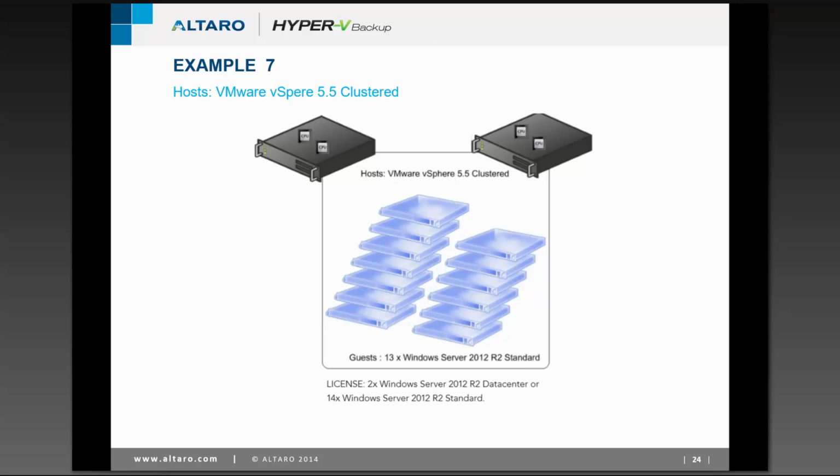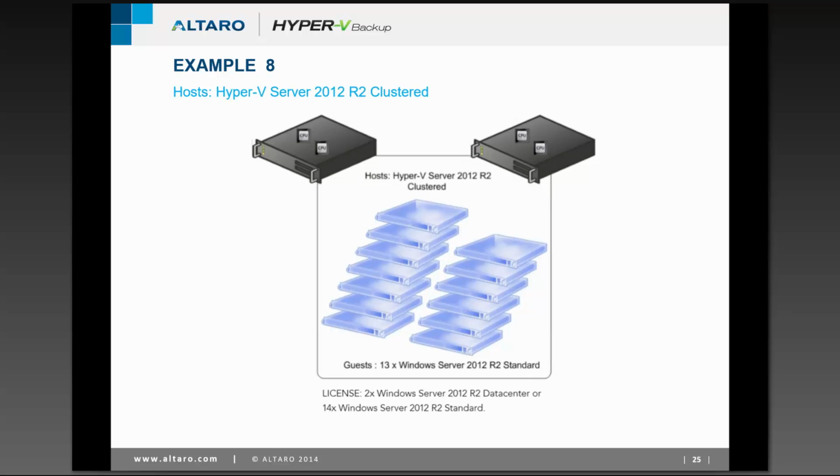This counts for all the guest VMs in the same scenario. So if you're doing a VMware vSphere cluster with 2 physical boxes, the licensing looks exactly the same as if we would run Windows Server Standard or Data Center Edition. You have to license the guest OS systems. That's the important part here.